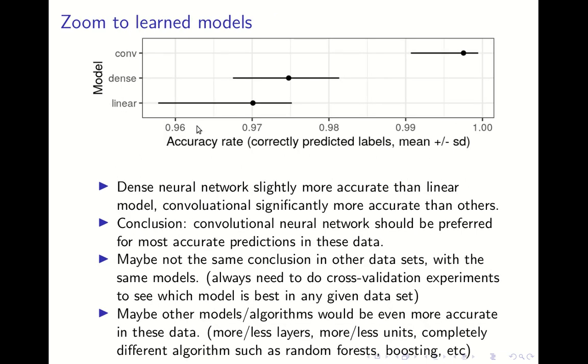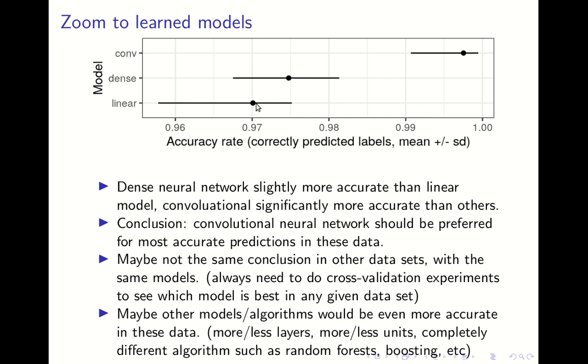And so if we zoom into those three models which are learning something, what we see is that this dense network with 8 layers is learning something a little bit better than the linear model that we saw in the beginning of this tutorial.